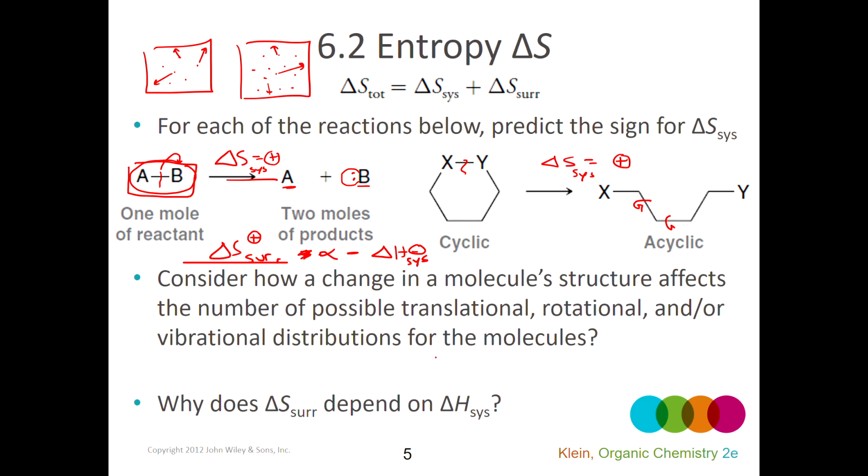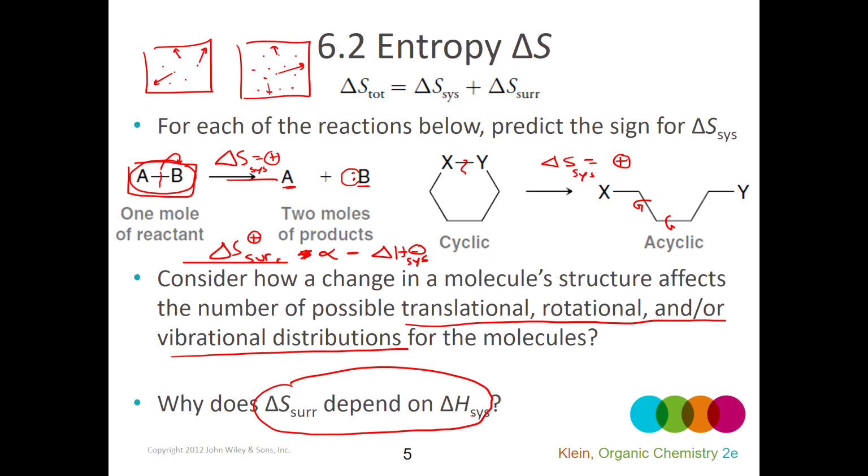So you want to think about how the motion or positioning of the particles changes when the reaction occurs. That's how you determine delta S for the system. Delta S for the surroundings depends on delta H for the system, indirectly, right?